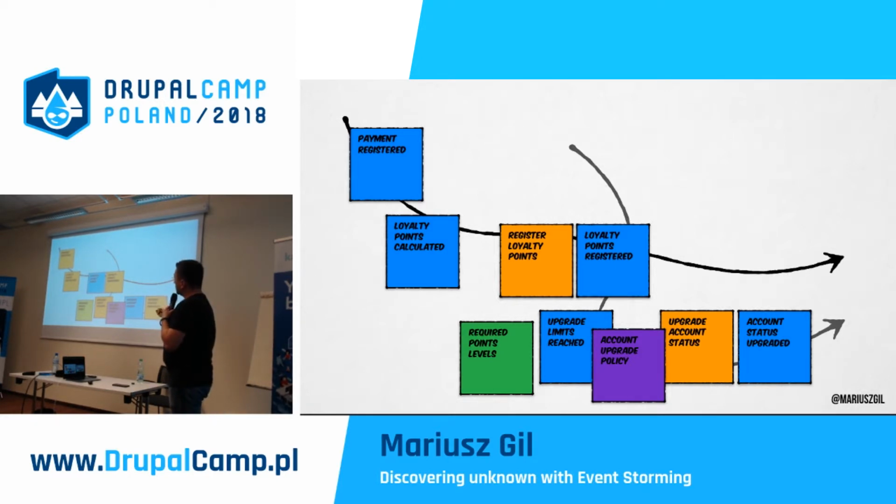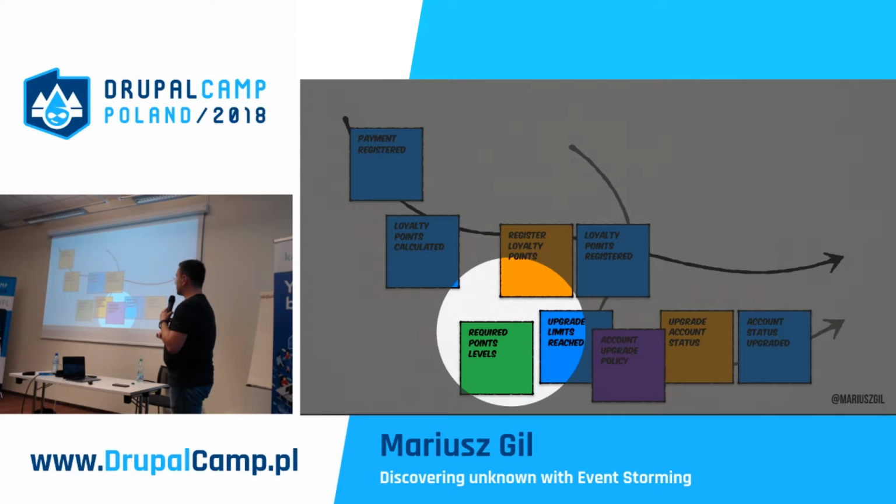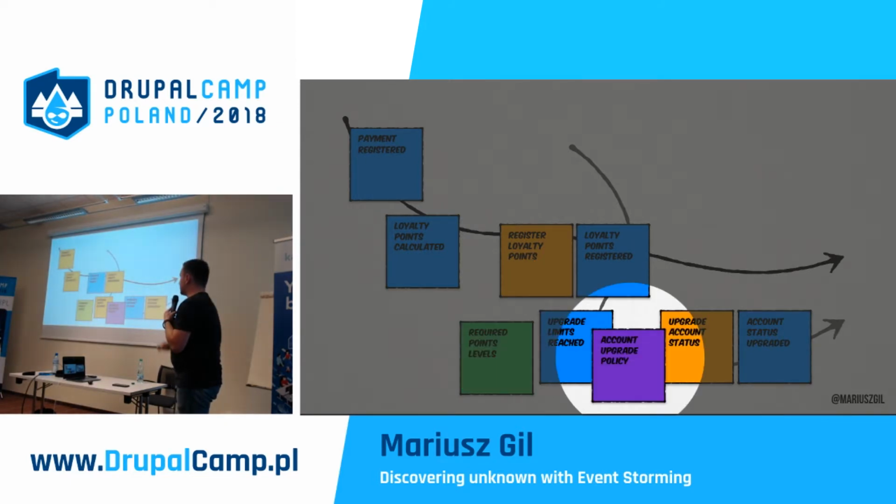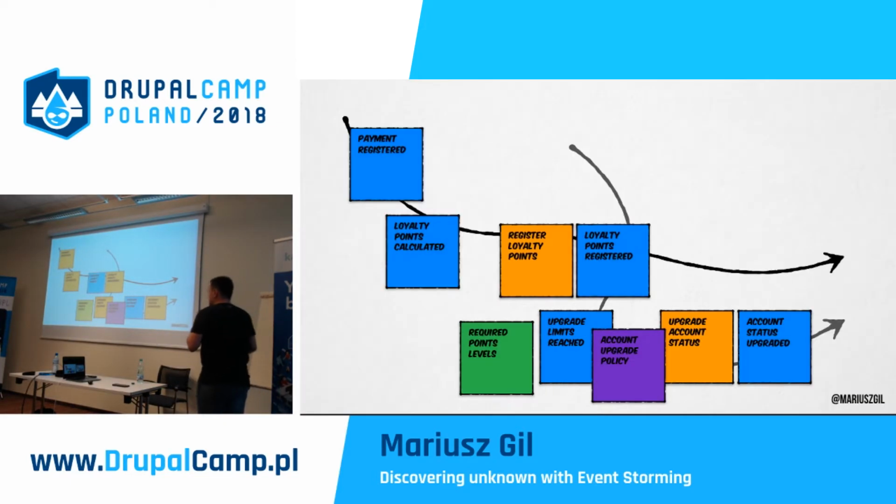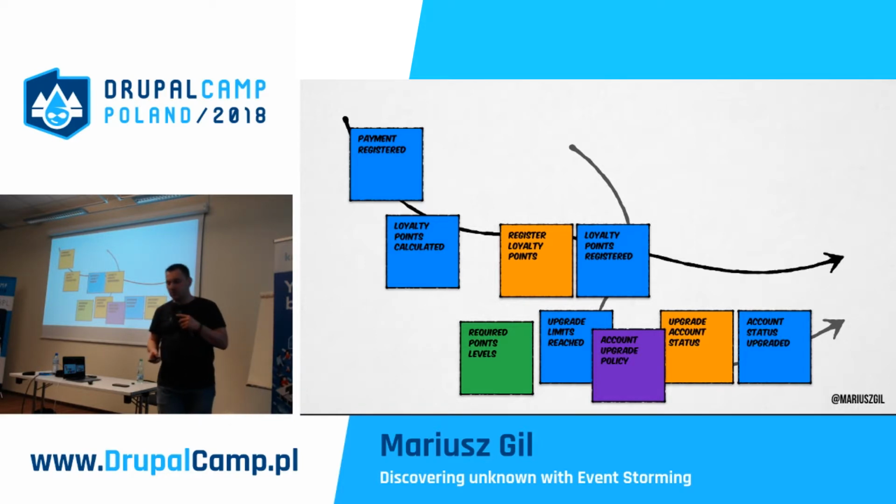So as you see, we've got a new element in our system. This is a read model, and this is a reactive policy. And a read model, from the developer's perspective, may be just a table in our database, maybe an entry in cache, whatever. This is information just for reading.